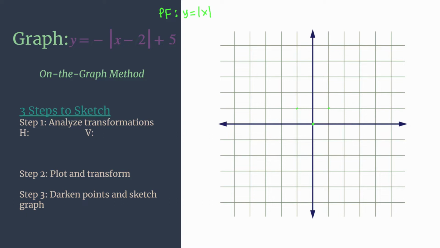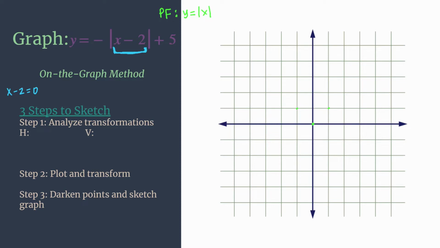Step 1, analyze transformations. We'll start with our horizontal transformation, and we know that horizontal transformations affect only the x coordinates, and they happen in with the x. So in this case, that's in the absolute value bars. And when we apply these, we should think about solving order. So all we need to do is take our horizontal transformation, set equal to 0, and that will tell us what we're actually doing to our x's.